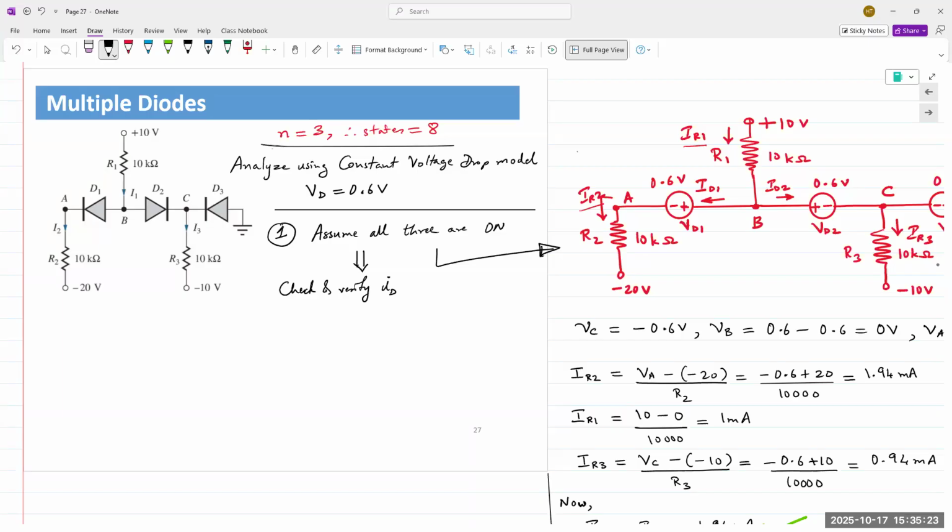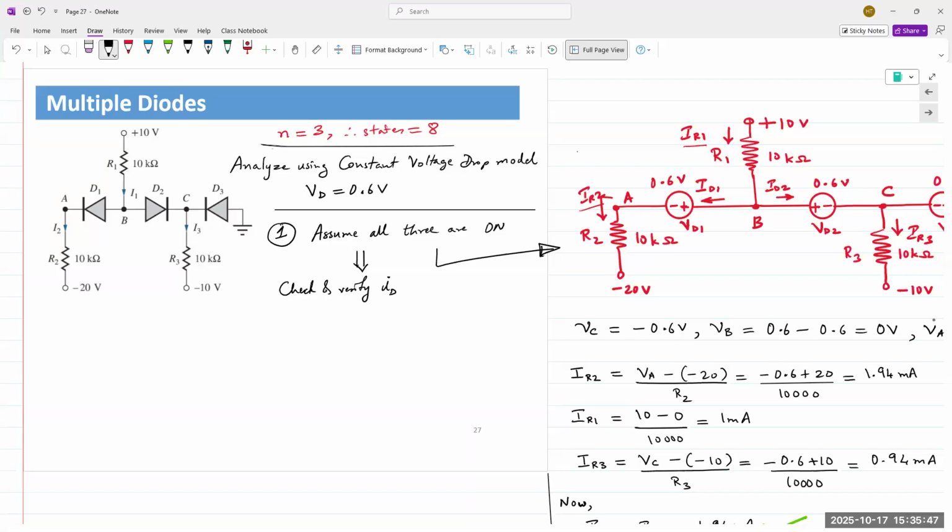So my next logical starting place, or next logical assumption, would be that D1 is on, D3 is on, and then D2 is off. It could be possible that even that assumption turns out to be incorrect, but let's go ahead and make that assumption anyway, and then we'll proceed. Okay.